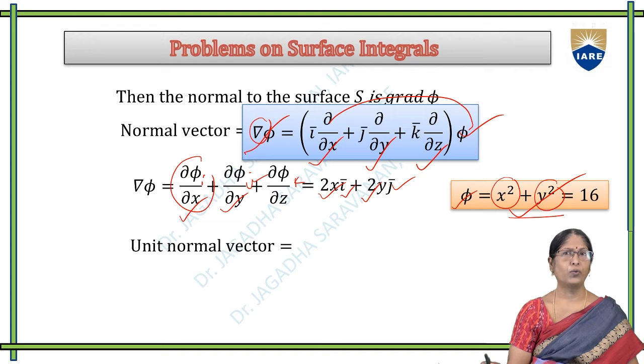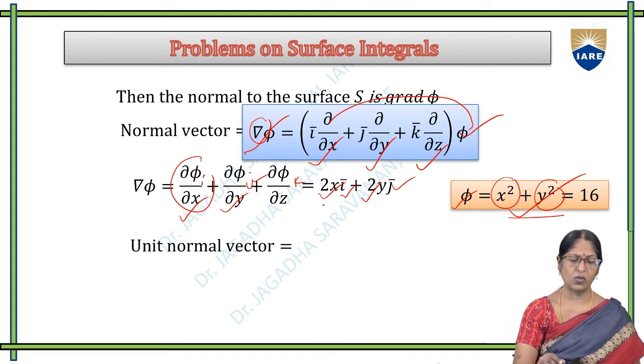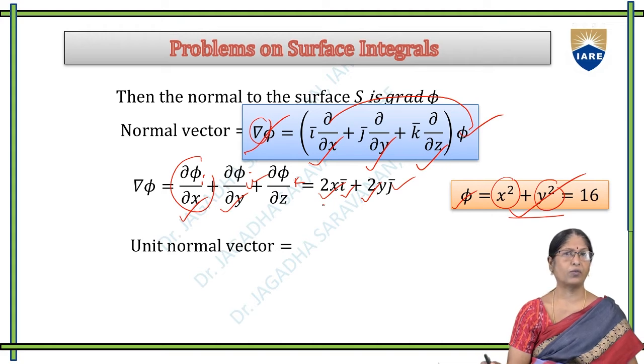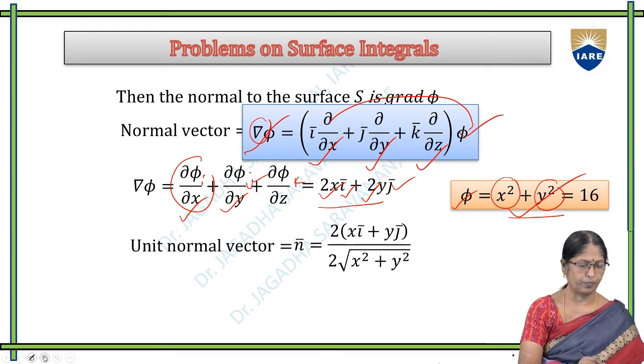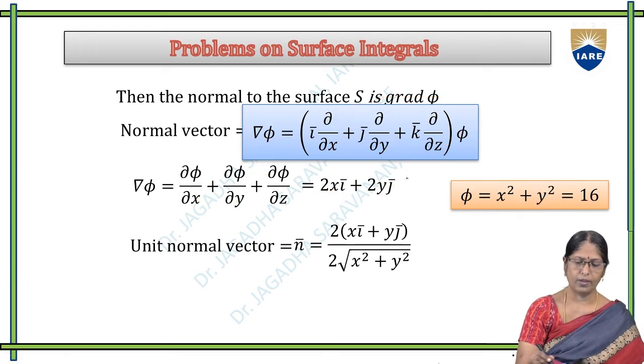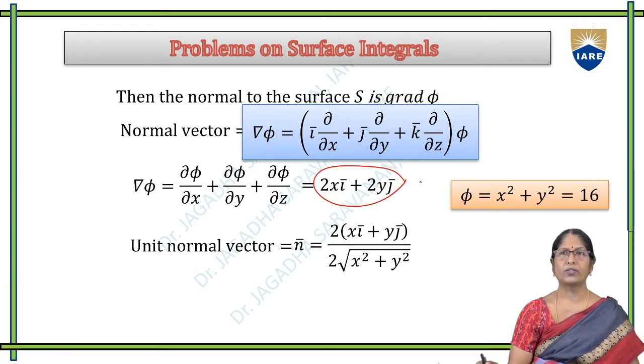So now the unit normal vector. This normal vector we are going to convert into a unit normal vector, that is, this vector divided by its modulus. Now, in this, 2 is common, we have taken out.